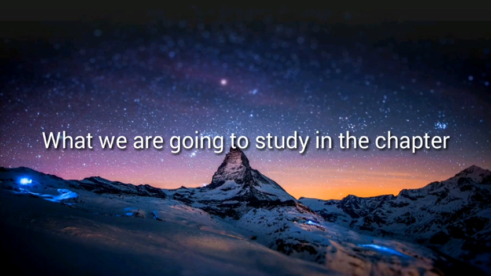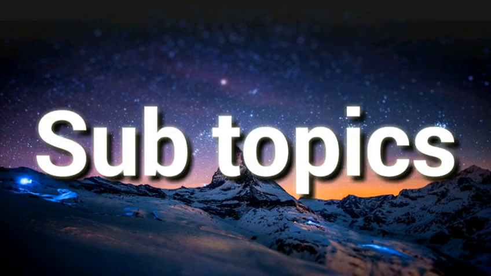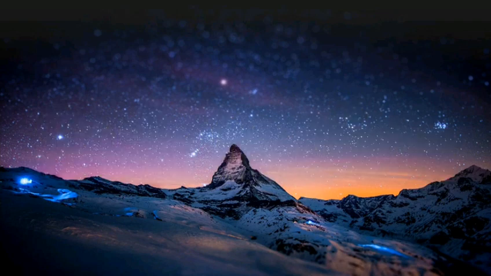In this chapter we will learn about these natural resources, which are land, soil, water resources, natural vegetation and wildlife resources. Let's have a short look at our topics and subtopics.